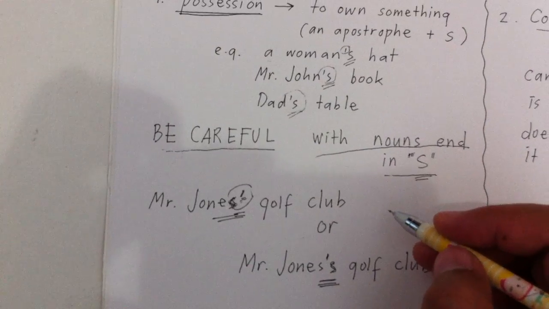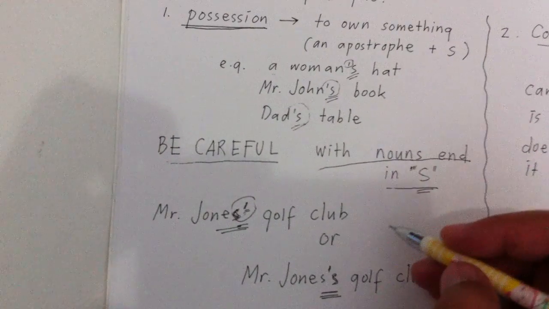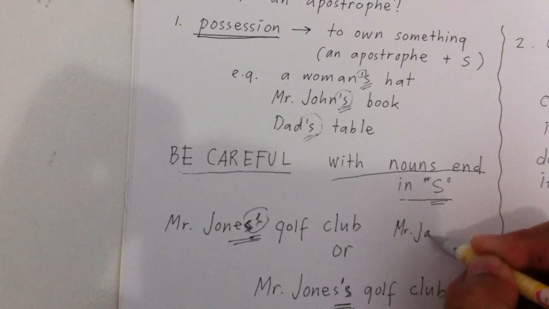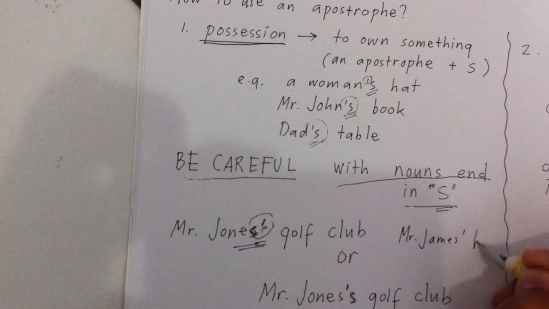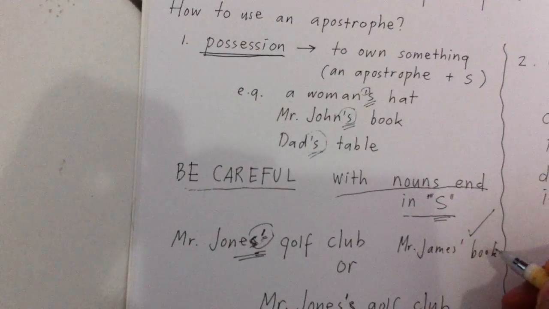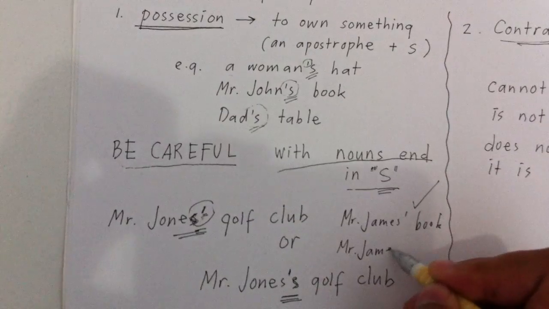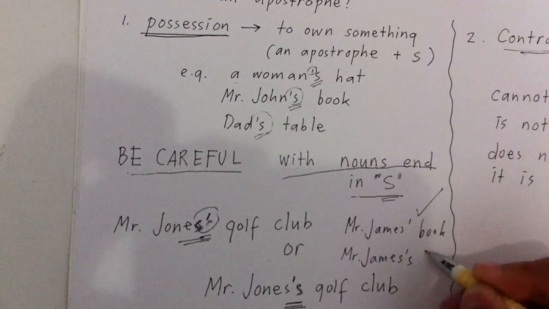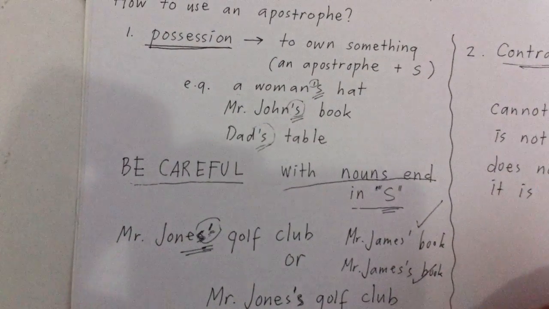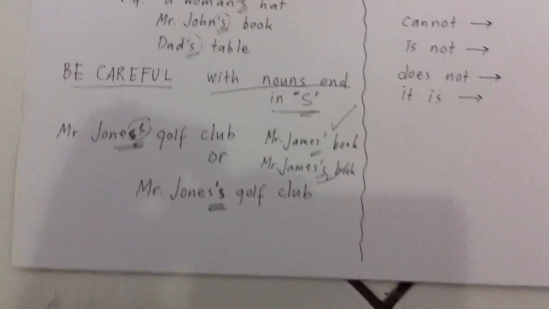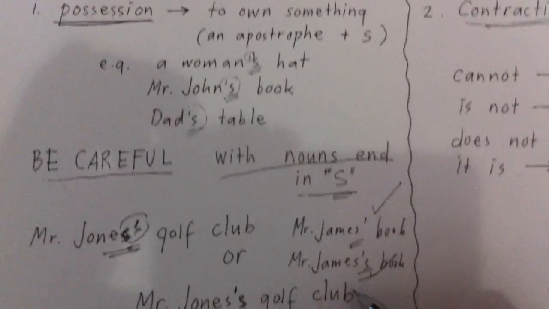So, for example, if you want to write Mr. James' book, this is okay. Or you can also write Mr. James's book. This is also fine. You can have both of them as long as you're consistent.